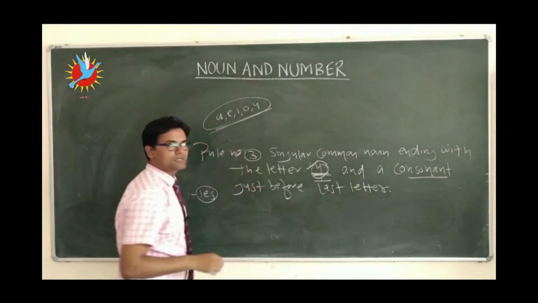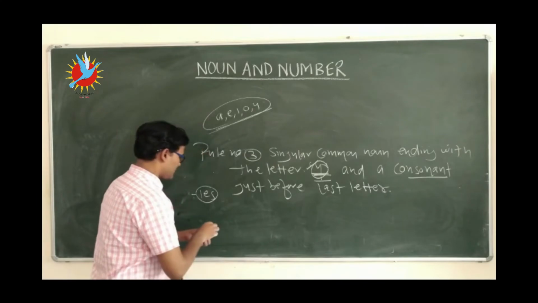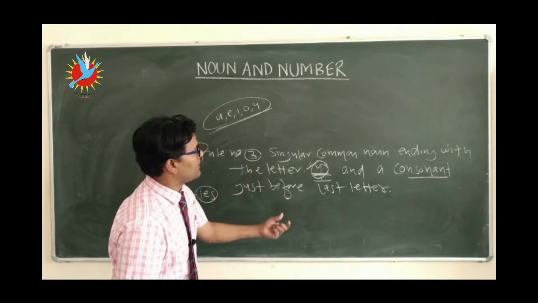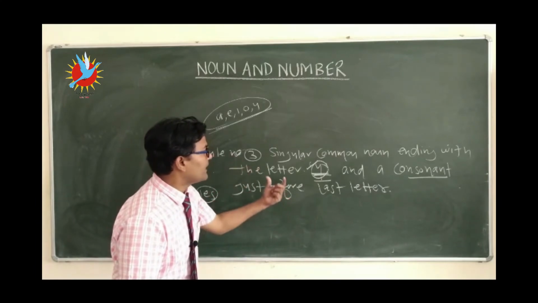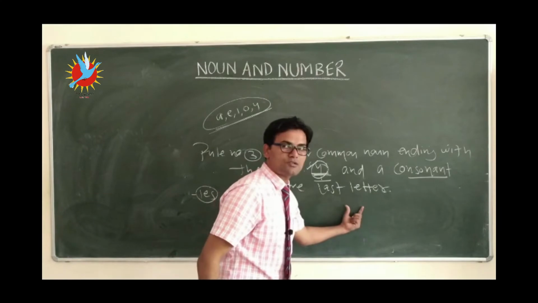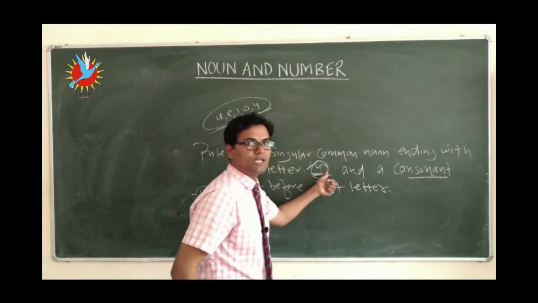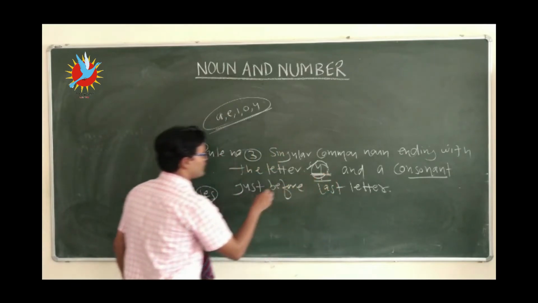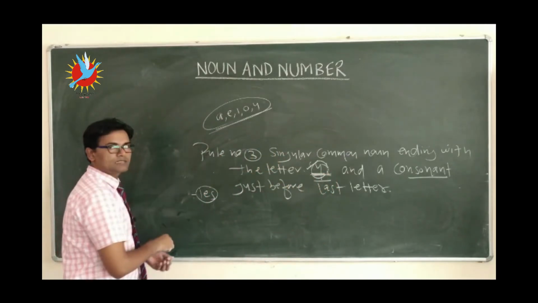These are vowels. So according to this rule, if we have a singular common noun ending with the letter y and a consonant letter just before y, then we just remove y and in place of y we add ies.